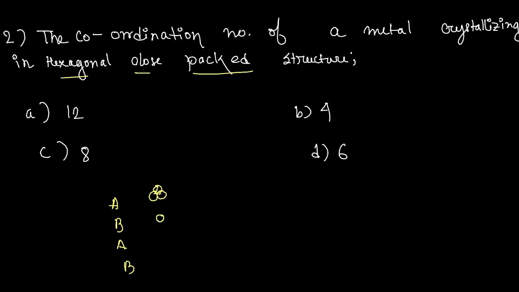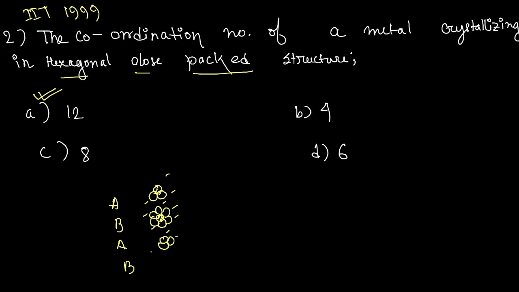If we calculate the coordination number, 1, 2, 3, 4, 5, 6, 7, 8, 9, 10, 11, 12, so 12 coordination number will be for hexagonal close packed. This question came in IIT 1999.